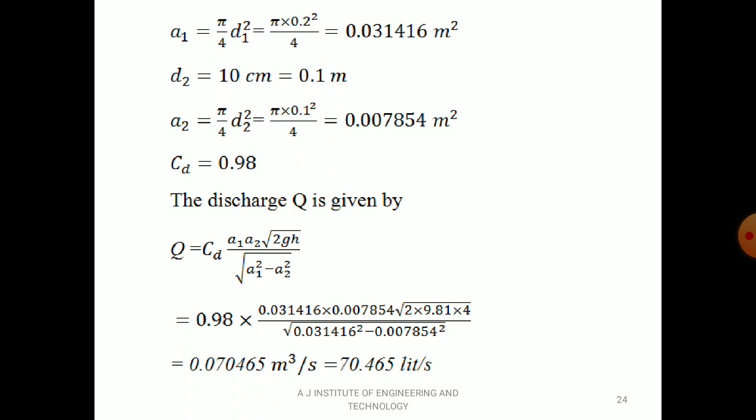This is when the specific gravity of the manometric fluid is greater than the specific gravity of the flowing fluid. Then H equals P1 divided by rho g minus P2 divided by rho g, that is equal to X into 1 minus SL divided by SO, if the specific gravity of the manometric fluid is lower than the specific gravity of the flowing fluid. Similarly, inclined cases, with the specific gravity of the manometric fluid greater than that of the flowing fluid, that is H equal to P1 divided by rho g plus Z1.